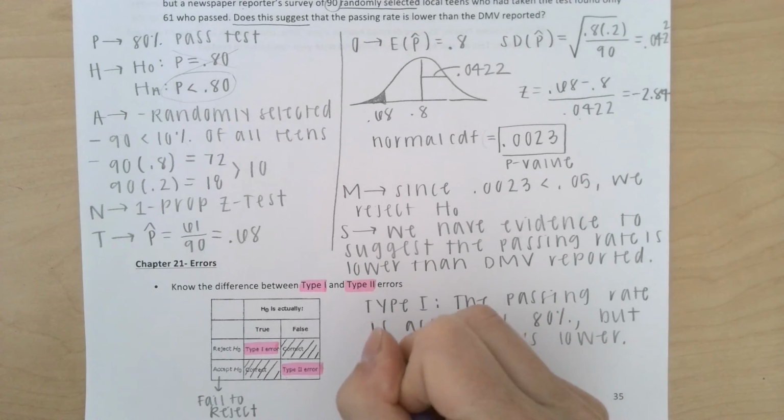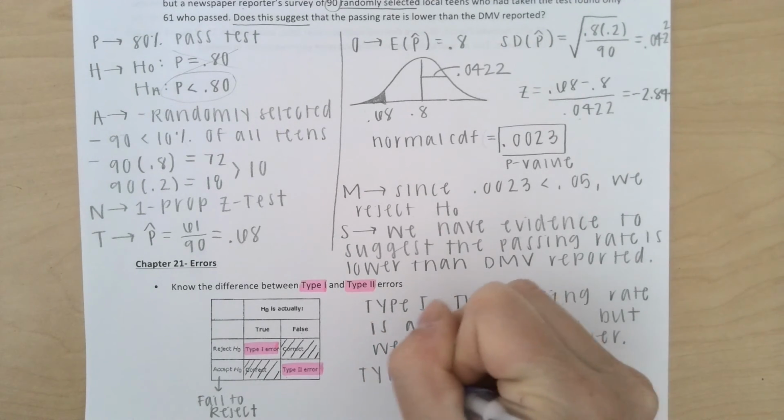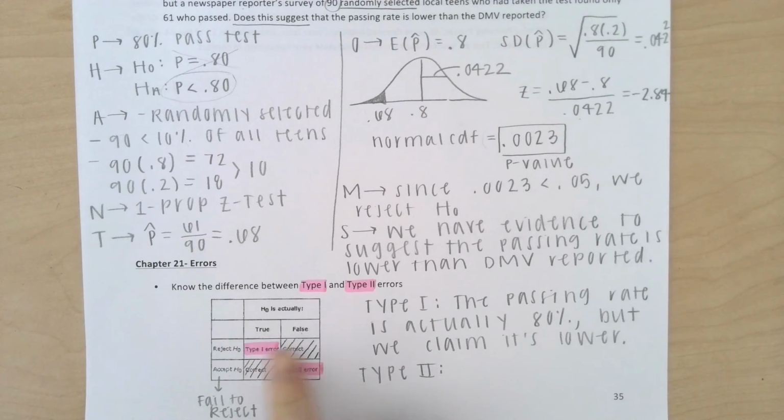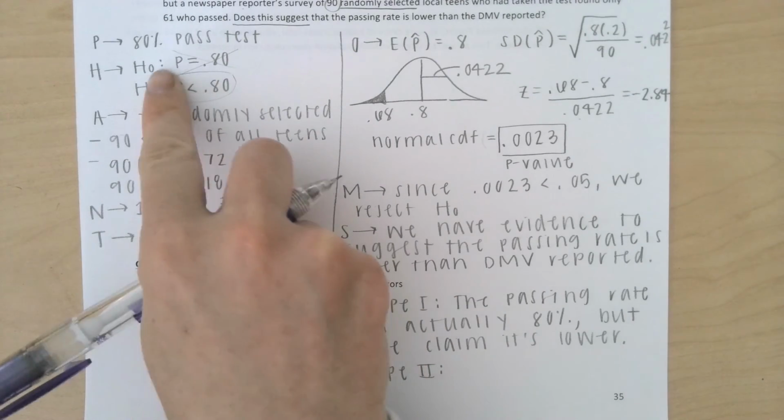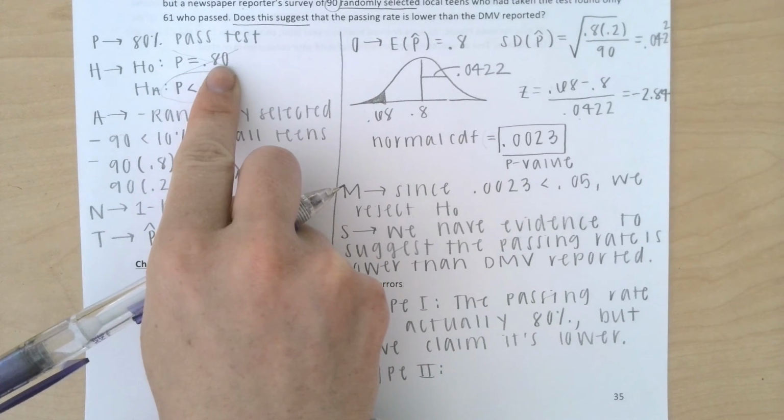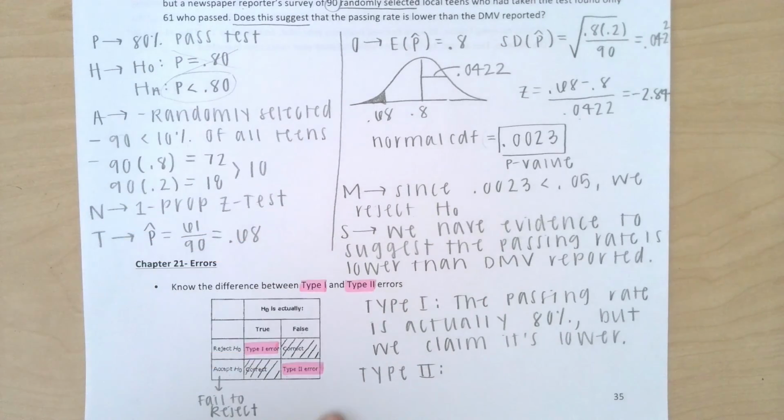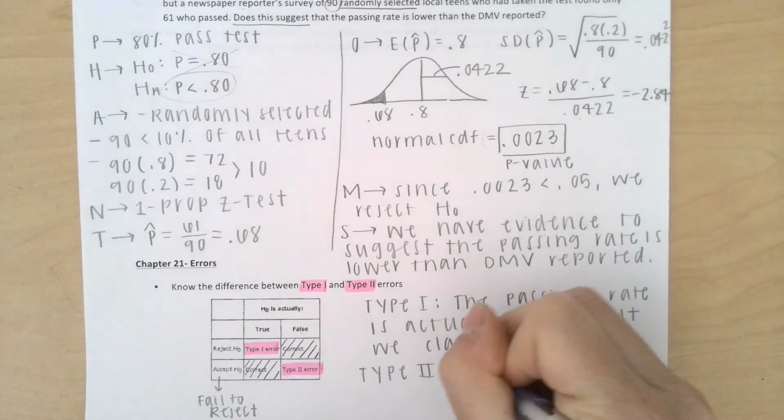Okay, a type 2 error would be the opposite. So a type 2 error, the null hypothesis is actually false. So my null hypothesis would not be true, so this would mean that the passing rate is not 80%.